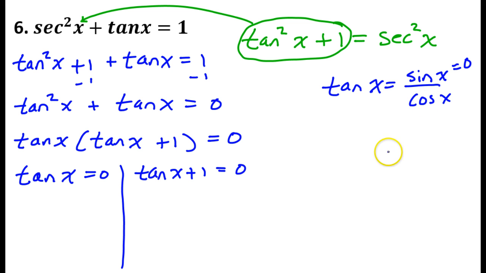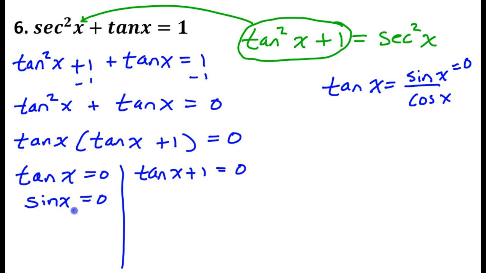So tangent x equals 0 will have the exact same solutions as just numerator sine equals 0. So I can really ignore the tangent and just think about where does sine equal 0, because the answer to both of these will be the same thing.